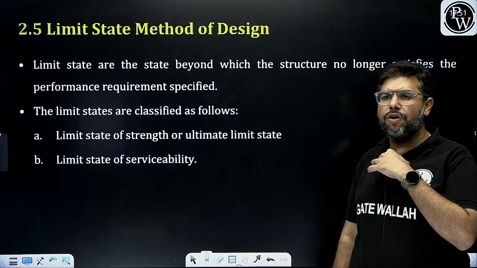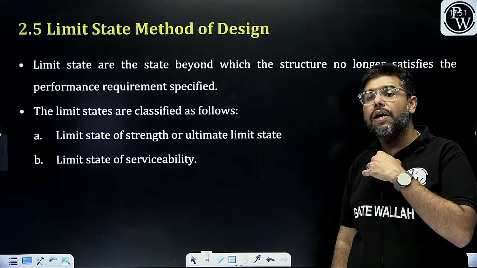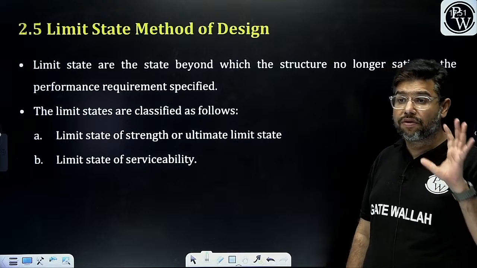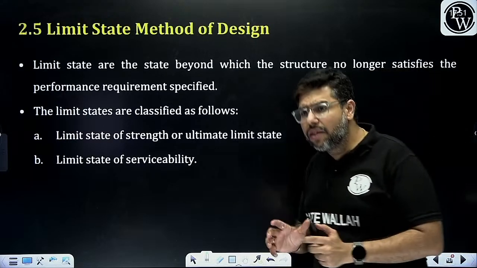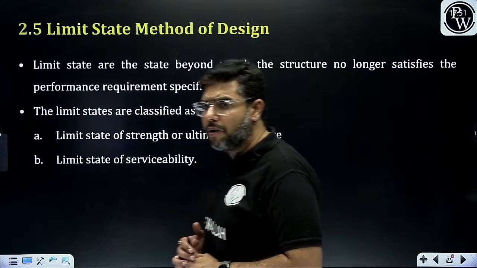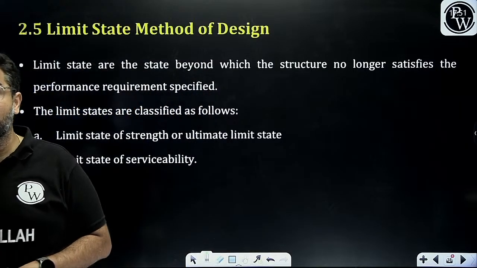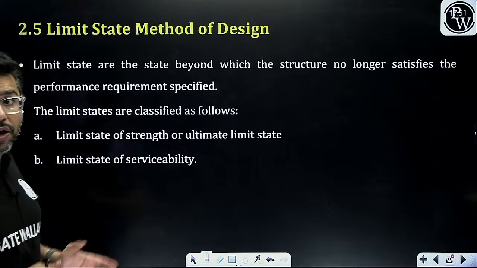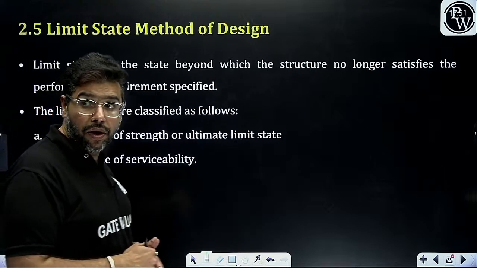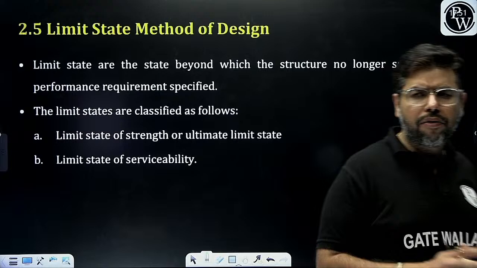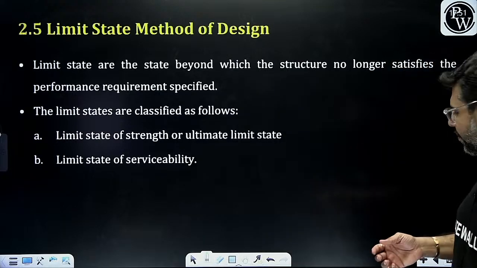One is the limit state of strength or the ultimate limit state, and the second one is the limit state of serviceability. So, we design the structure based on the ultimate limit state or limit state of strength, and we check the structure for limit state of serviceability. If my structure is satisfying both the criteria, then we are safe, otherwise we are not safe.